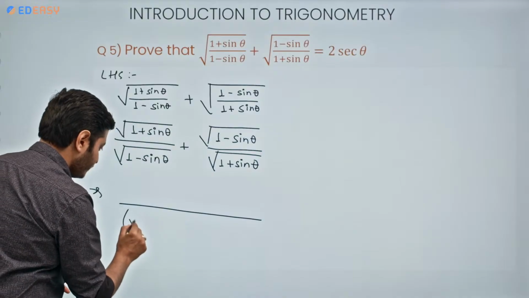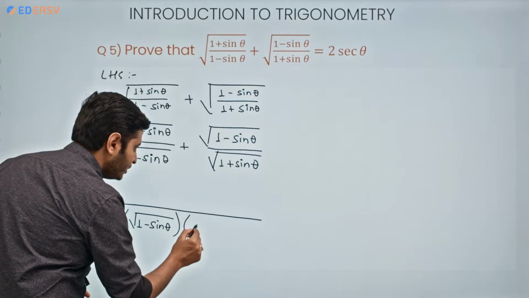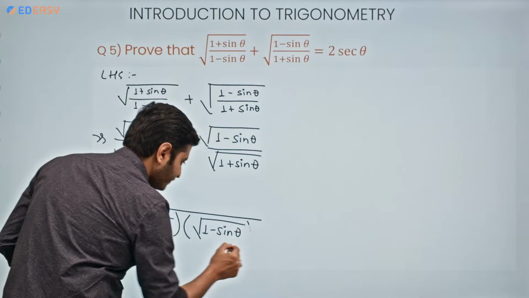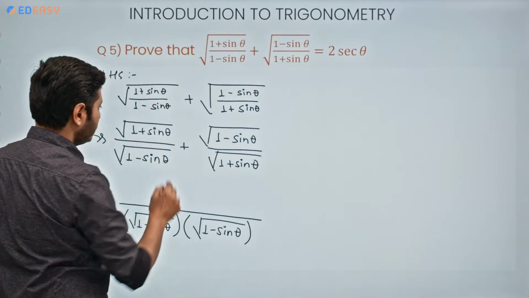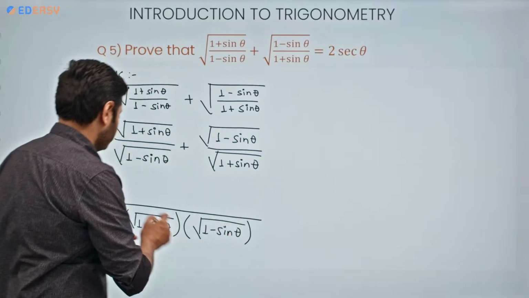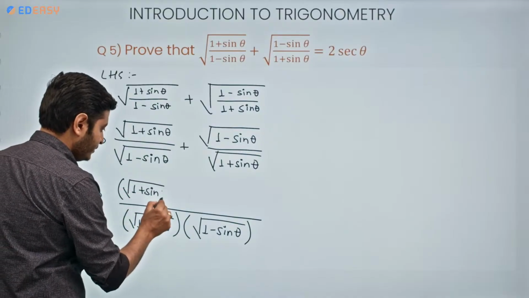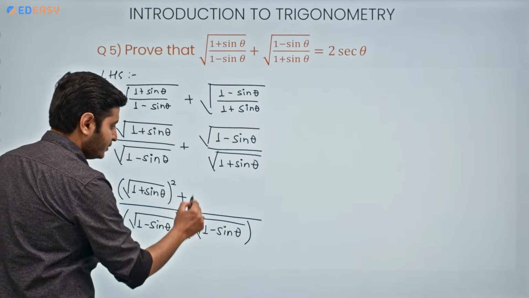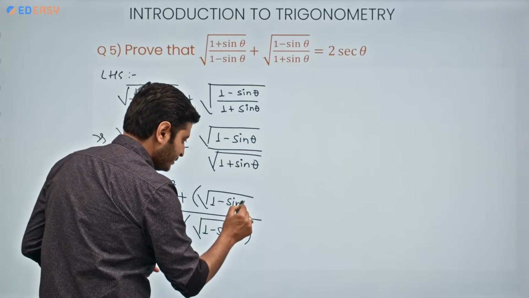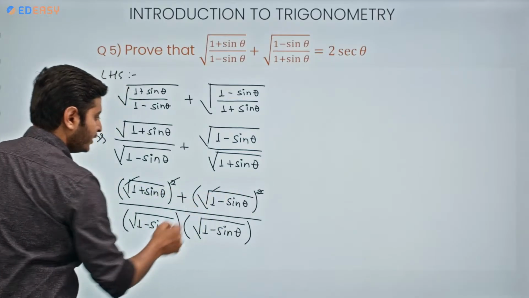LCM would be under root 1 minus sine theta multiplied by under root 1 plus sine theta, and this value will become under root 1 plus sine theta whole square, plus under root 1 minus sine theta whole square. Square and square root are going to cancel each other, correct?